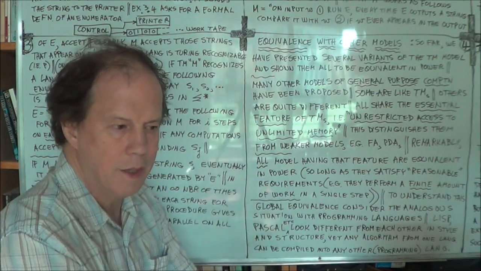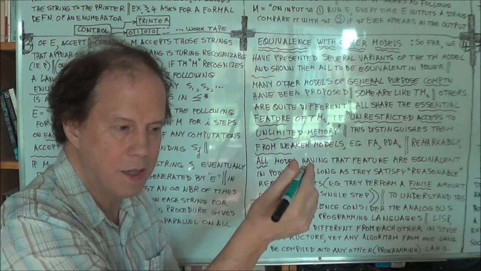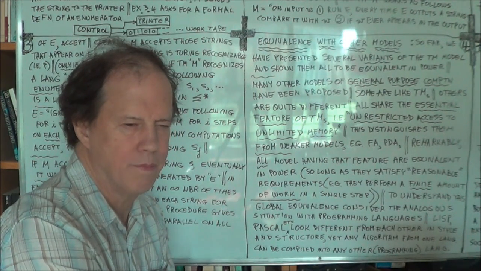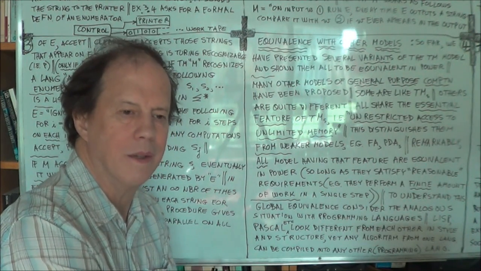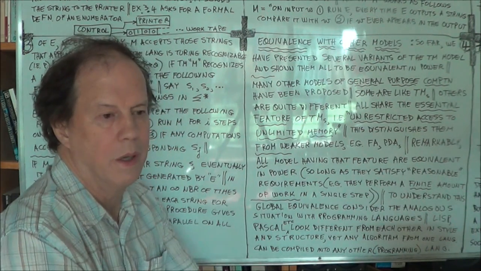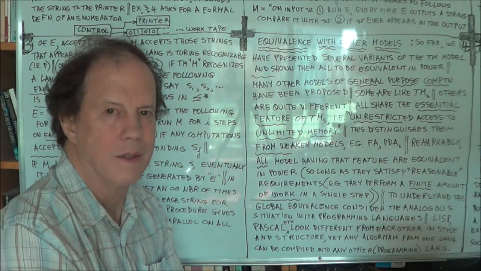So given a set of axioms and these kinds of rules of inference, for example, modus ponens and modus tollens and others. For example, not not P is the same as P.